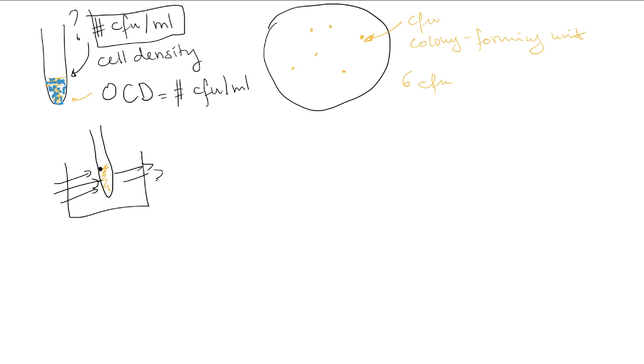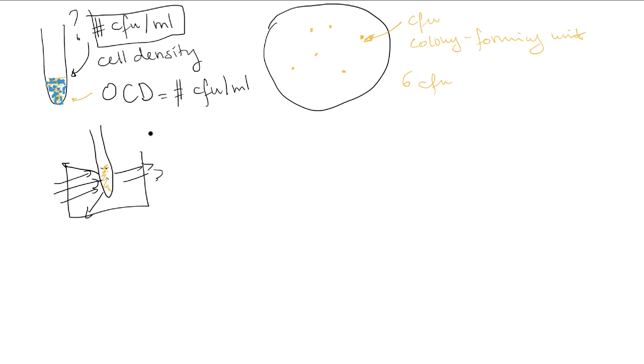And because there are bacteria in here, not all of the light passes through. Some of the light is absorbed by the bacteria and either taken up or just sent back that way. And so the machine knows how much light goes in, measures how much light comes out, and the amount of light that is not coming through is a measure of how many bacteria there are in there.